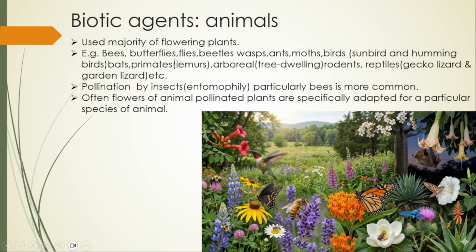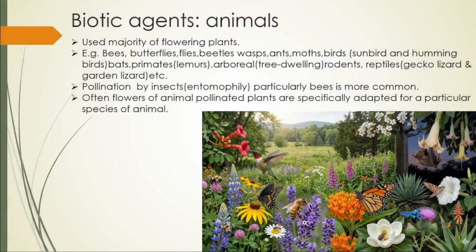Biotic agents, the best examples are animals, used by the majority of the flowering plants. Examples: bees, butterflies, flies, beetles, wasps, ants, moths, birds. In the birds, especially sunbird and hummingbird, and then bats, primates like lemur, arboreal tree dwelling rodents, reptiles like gecko lizards and garden lizards, etc. I have given all those examples in one picture.